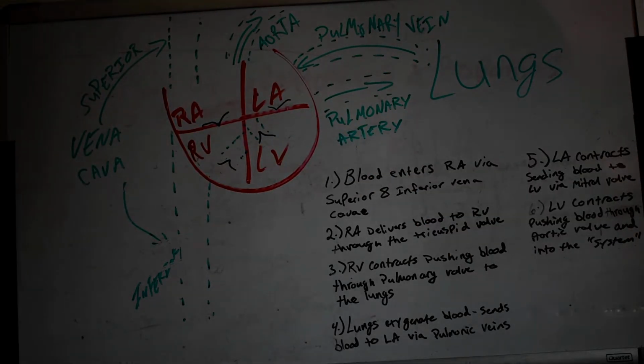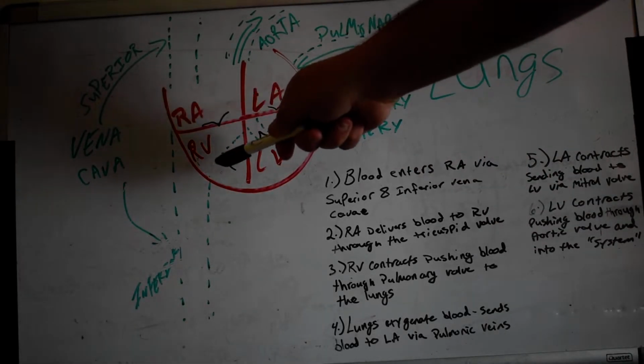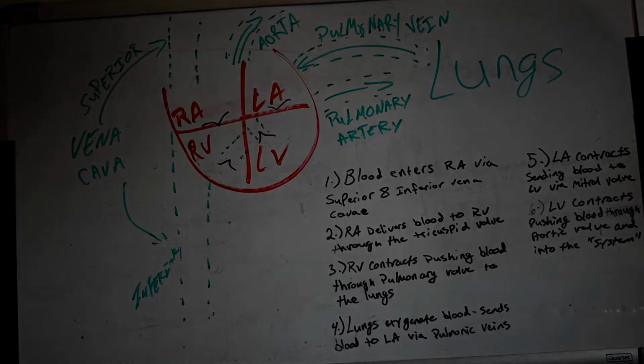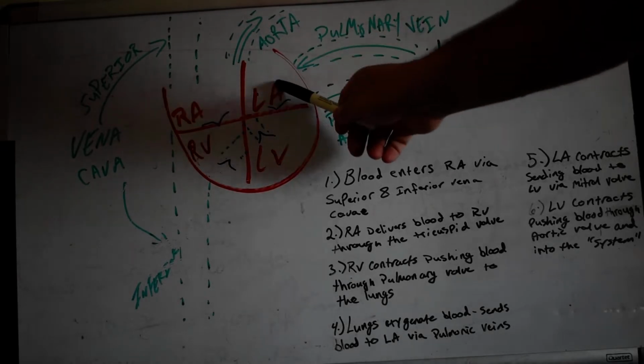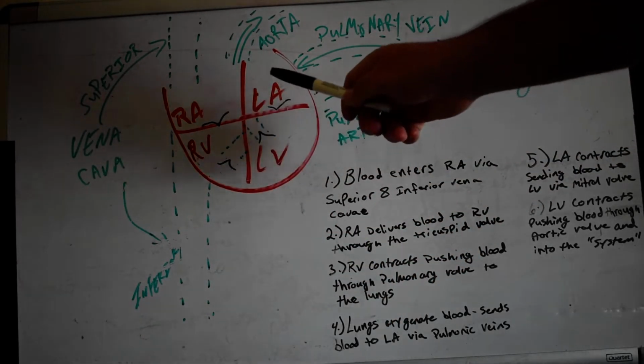Also, there are 4 valves. They're a little difficult to see on the board, but I've marked them with these little black V's. It's extremely basic. This is not drawn to scale. This is not anatomically perfect, but it gets the important intro points across. So, 2 sides, 4 chambers, 4 valves.